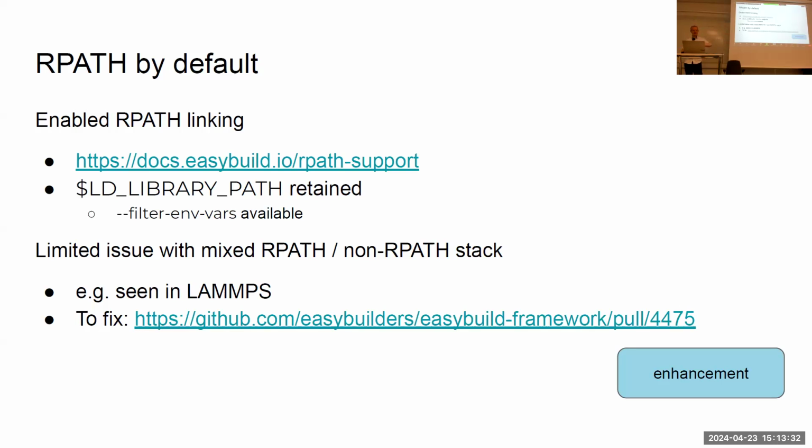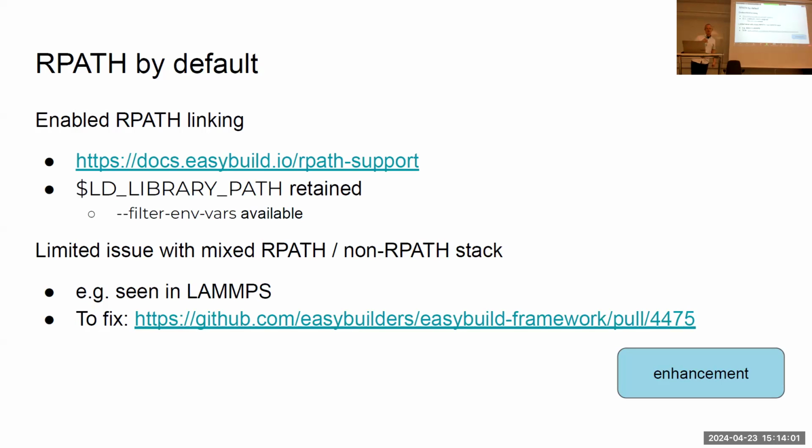The one caveat, and the one thing we're in the process of fixing: if you're testing EasyBuild 5 and you have a mixed RPath and non-RPath stack of built software, there's an occasional failure, LAMMPS being one of the bits of software, where our detection of whether the software is correctly RPathed misunderstands it.